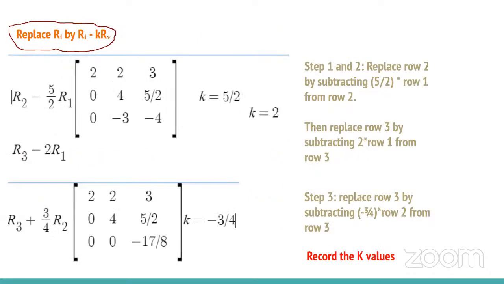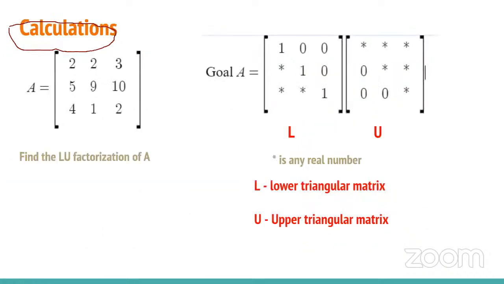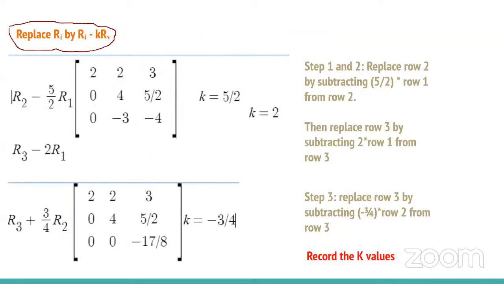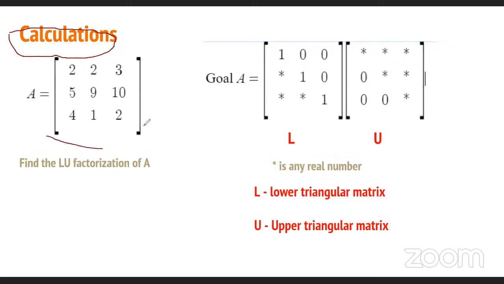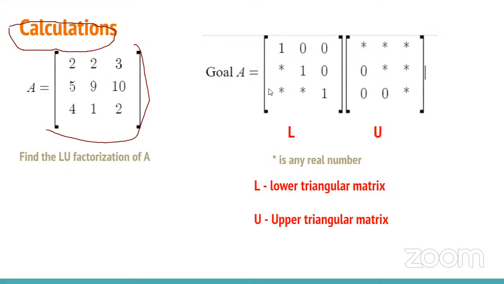So we are solving for U, not for L. This here is our original problem. We want to turn 5, 4, and 1 into zeros.